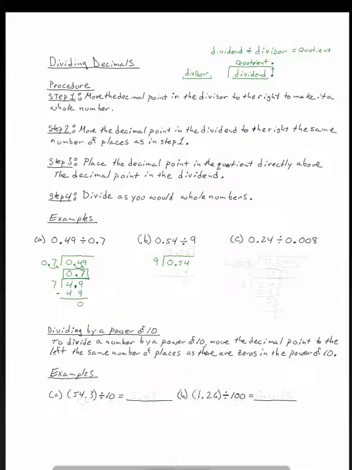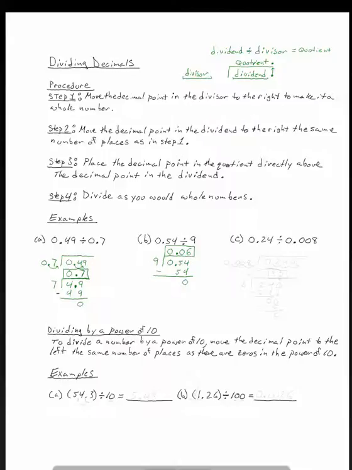So all we do is bring it up. 9 goes into 0 0 times. 9 goes into 5 0 times. But 9 goes into 54 6 times. 6 times 9 is 54. And I subtract. 54 minus 54 is 0. So my solution is 0.06.